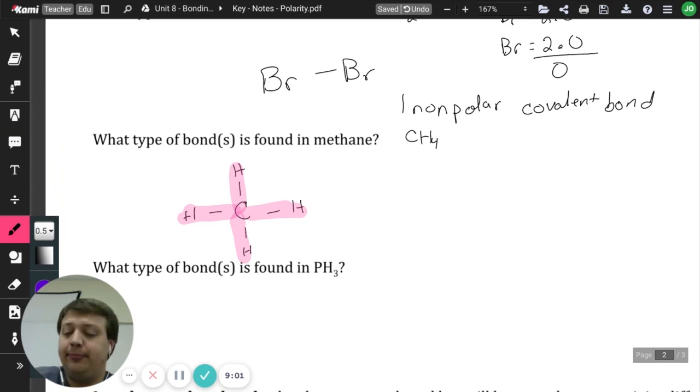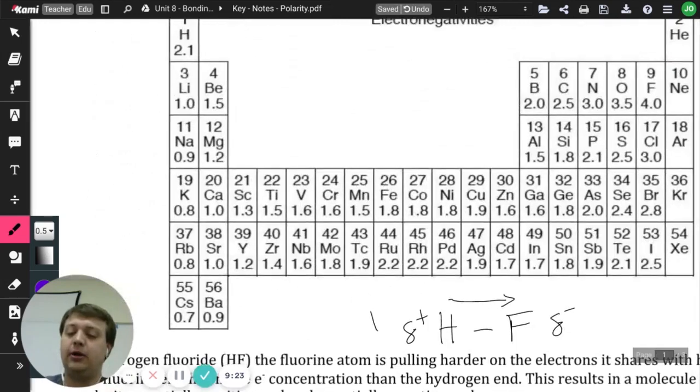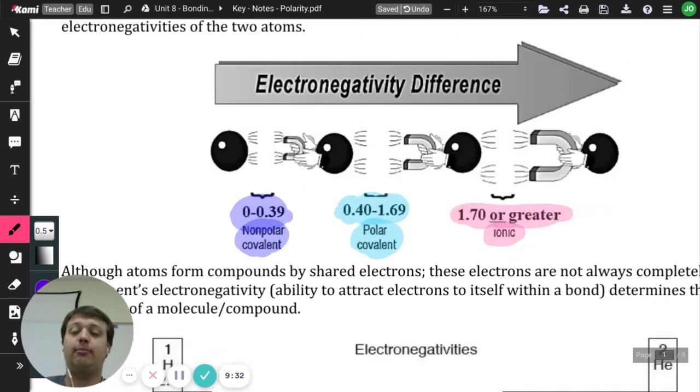So let's do that. Carbon has an electronegativity of about 2.5. Hydrogen has an electronegativity of about 2. Technically it's 2.1, but we're going to go with 2 because we're going to use that general trend. We find the difference, and we have a difference of 0.5. So let's come back up here to this chart, and we see that if it's between 0.4 and 1.69, that bond is a polar covalent bond.